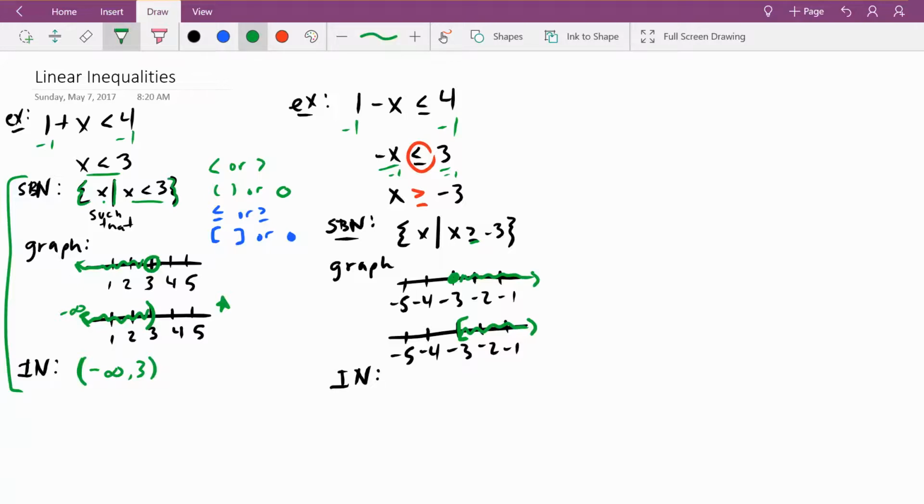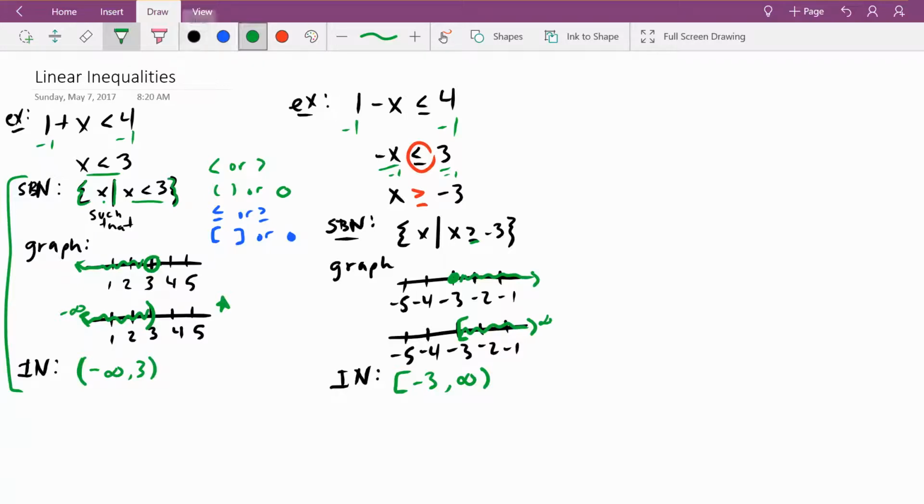We have a bracket, the lowest value is -3, which is included, that's why we did a bracket, and this thing shoots off forever to the sunset, infinity. Again, parenthesis on infinity, you never include infinity, always parenthesis.